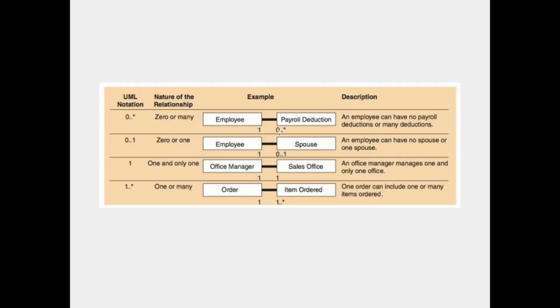So that's what it represents, 0 or more. Similar to that, employee and spouse, again, you can have 0 and a maximum of 1. So you can have no spouse or one spouse, so that's the maximum. To represent 0 to 1, we use this representation: 0, 2 dots and 1. Then if you just have a 1, it means you have a one-to-one relationship.